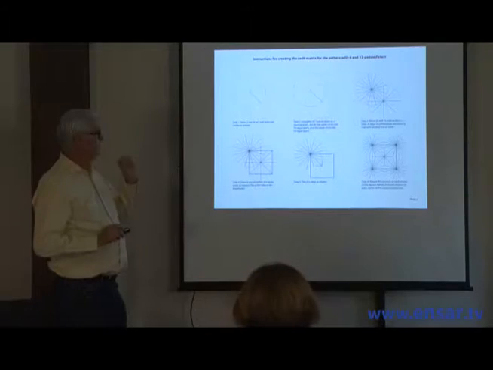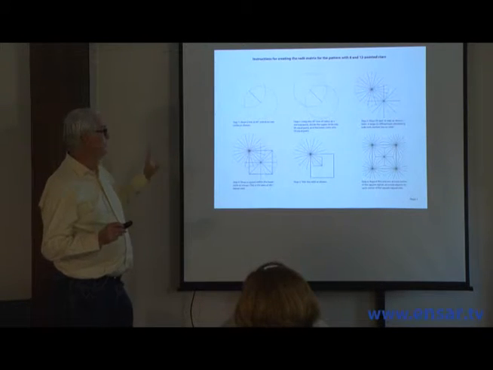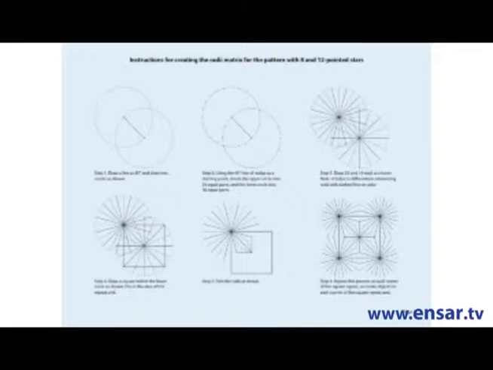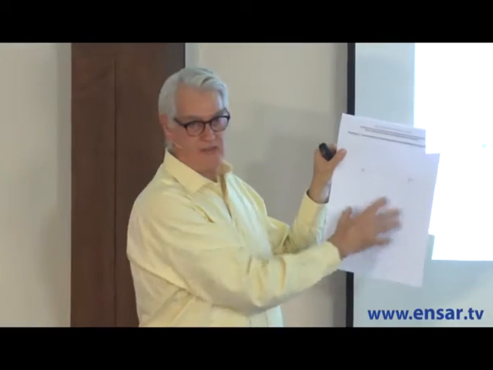So before I hand out the sheets, I just want to go through what you're going to be doing. This is not what you're going to be doing. I'm going to start you off by providing you with already made radii matrices, or the radii matrix, because there's only so much time, and this is actually rather simple to make.